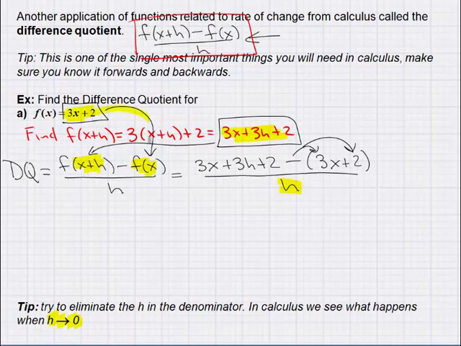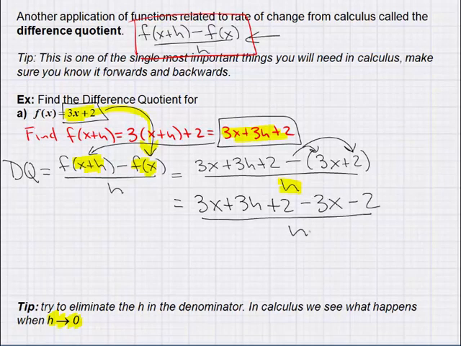I plugged f of x in here. And this is what I got. So if I distribute, I end up with 3x plus 3h plus 2 minus 3x minus 2 all over h. What happens? Well, this 3x and this minus 3x will cancel.